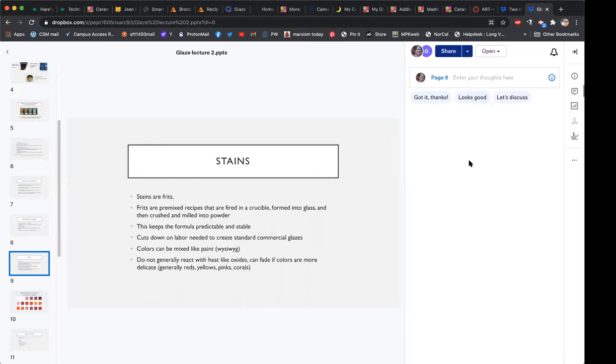Okay, the one thing about stains though is that some of the colors, especially the yellows, pinks, corals, the kind of pastels, can be a little more delicate at high fire. So what I've given you guys, or what you're going to pick up, is this brand Western, which does go to cone 10, but some of the colors can be a little faded in reduction, cone 10 firing.